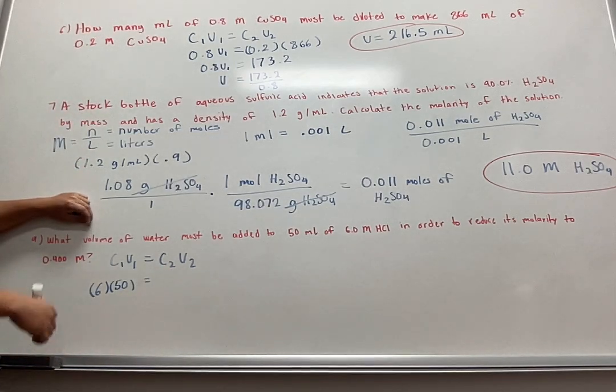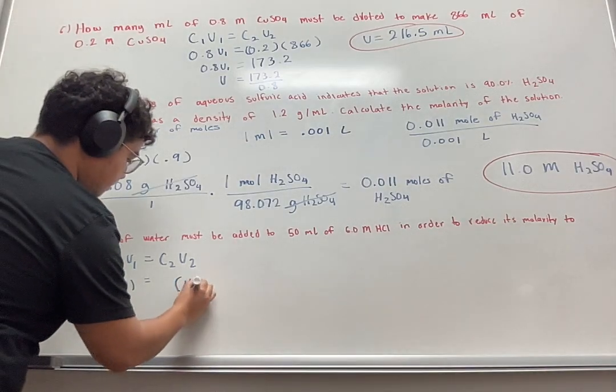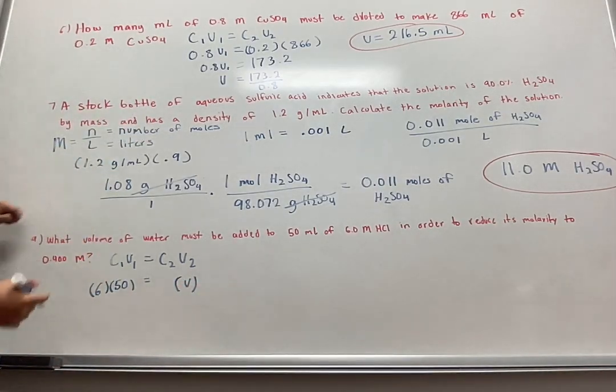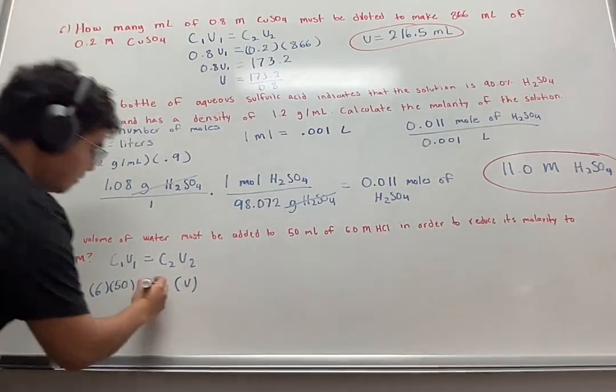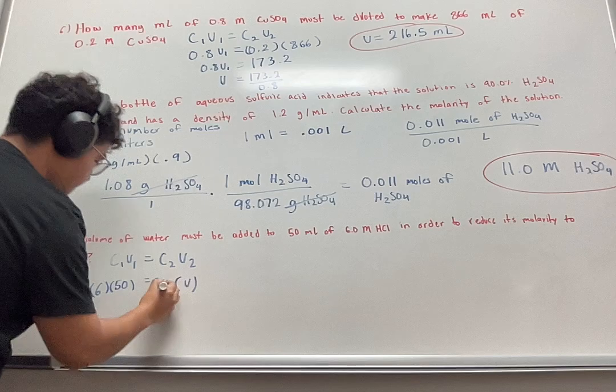What volume of water must be added? So the volume is what we're looking for, that's going to be just V. In order to reduce its molarity to 0.4, that's the molarity we're going to end up at, so that's concentration 2, 0.4.